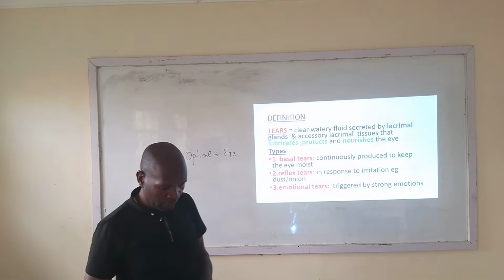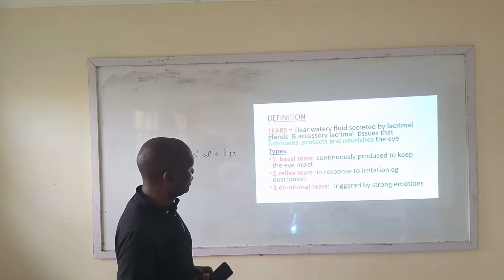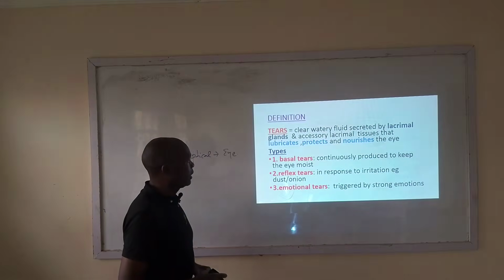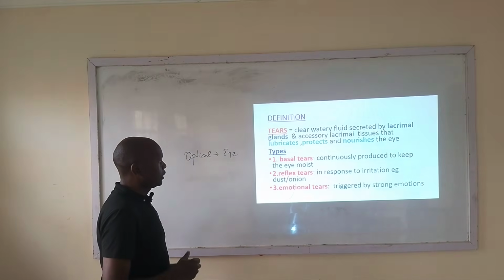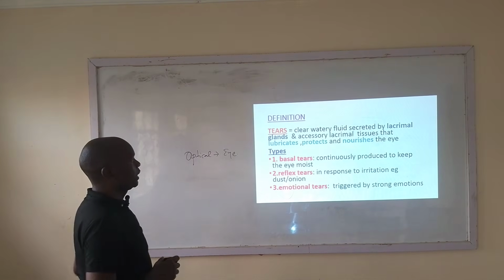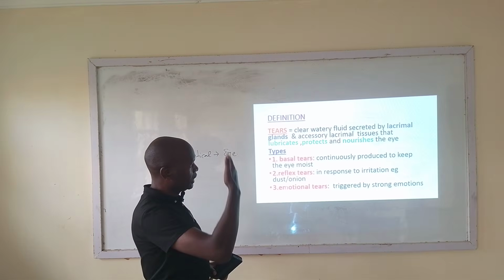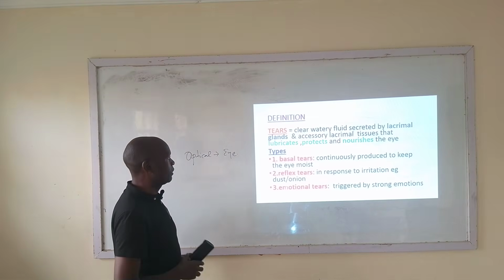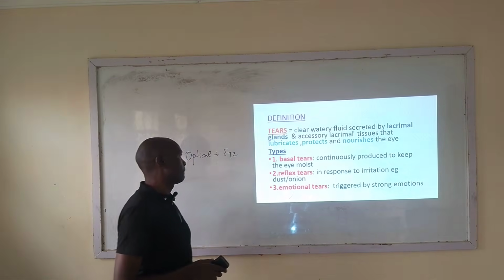So it provides refraction of the light, as in the process in which light has to pass through the eye and all the way to the retina for you to be able to see. So the first substance that is found on the surface of the eye is actually the tears.